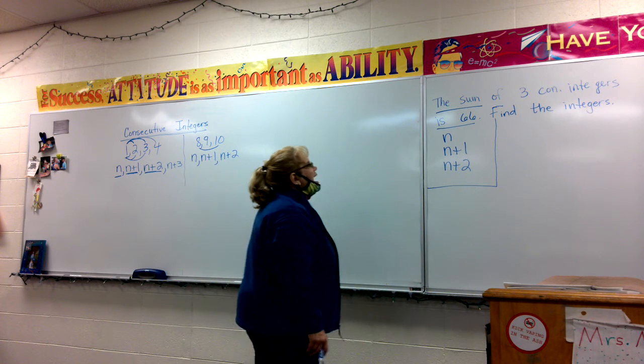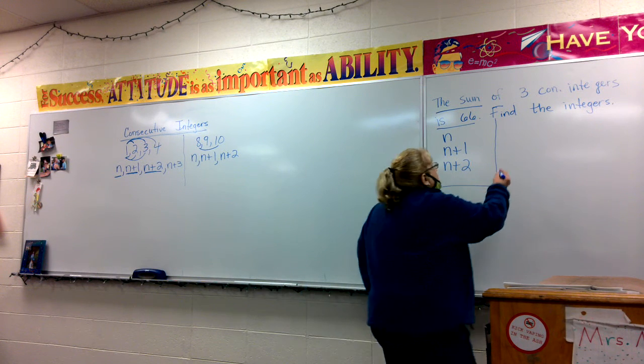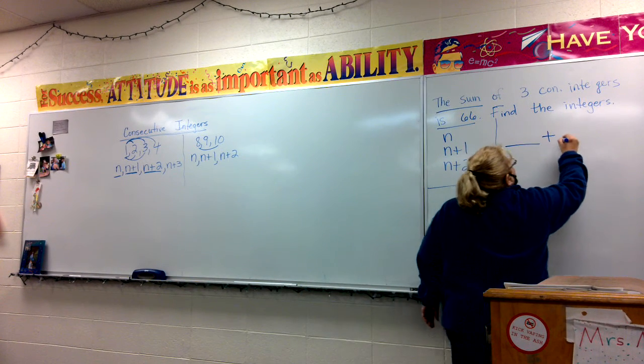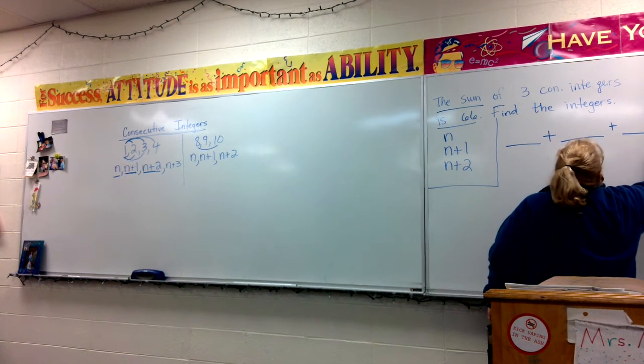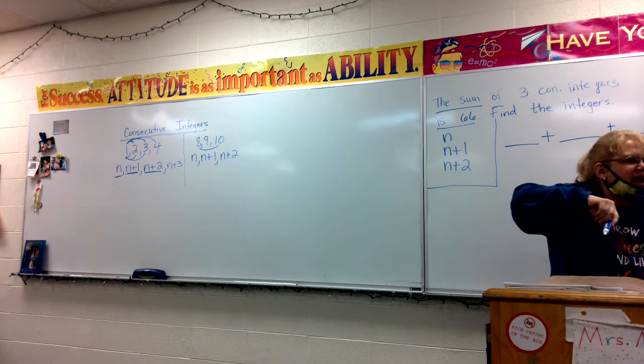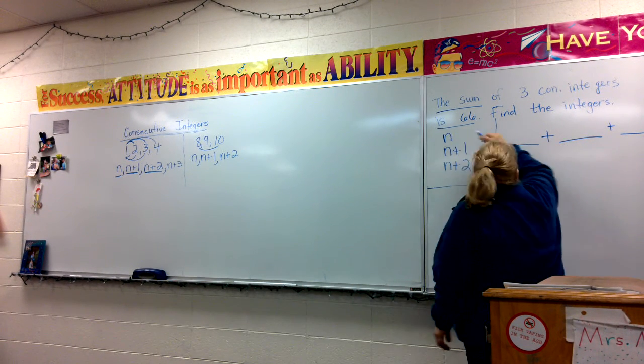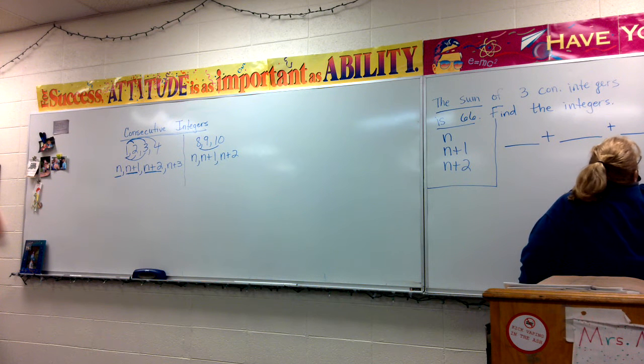So I'm going to add those 3 consecutive integers, and the sum, what does the word is mean in math usually? Equals. The sum equals 66.